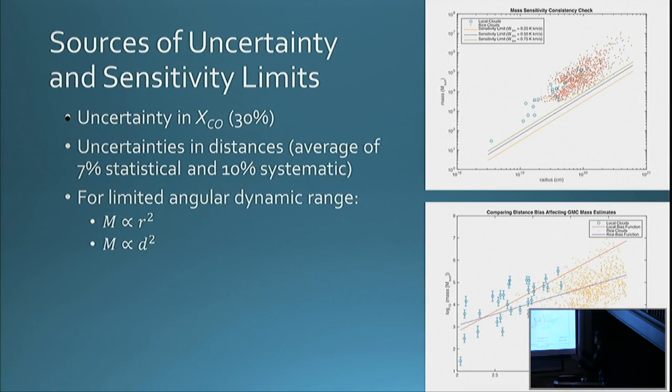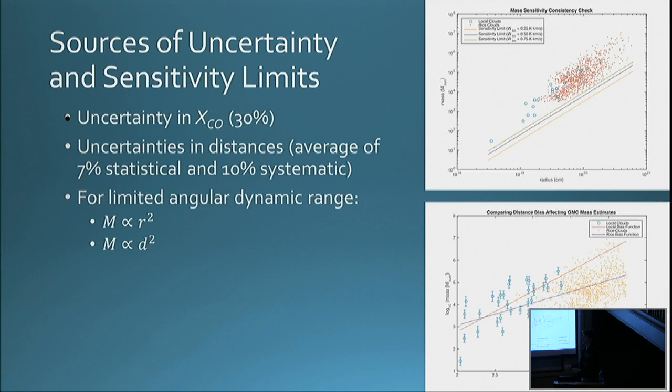Okay, so I want to talk as well about some of the sources of uncertainty involved here. One major source of uncertainty is a factor called XCO, which is basically a linear translation between the intensity of the carbon monoxide emission and the column density of the H2.